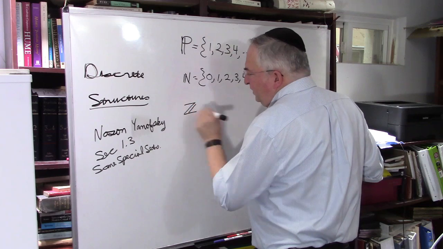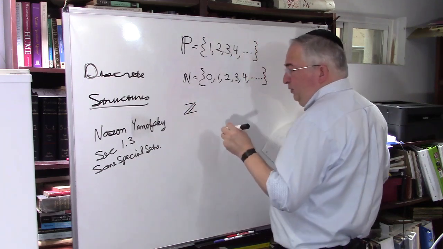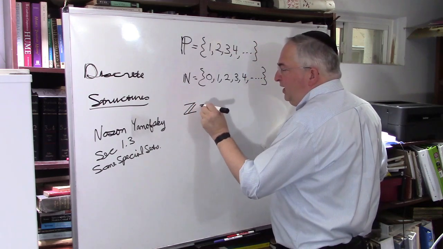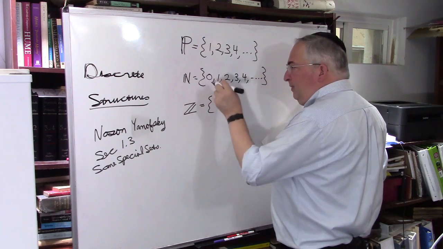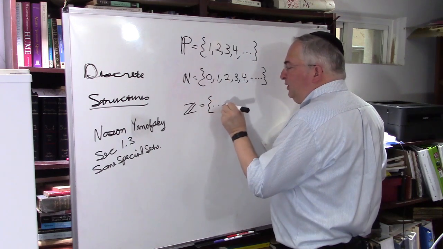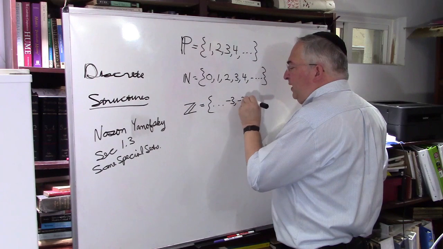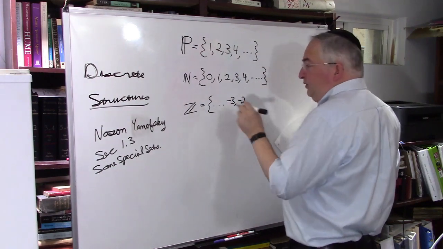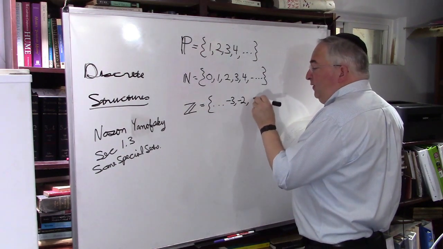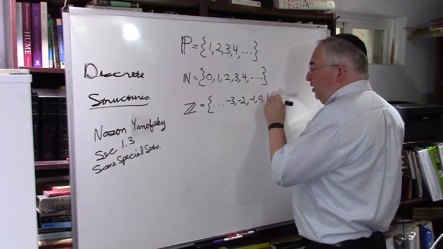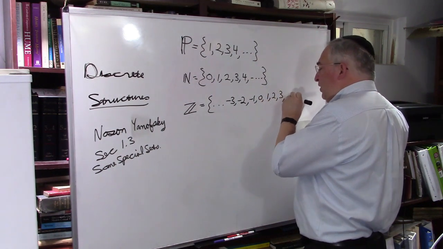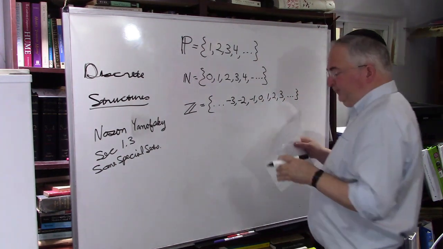So we have Z. Z stands for some German word, Zahlen or something like that, and this is not only the positive numbers but the negative numbers too. So -3, -2, whole numbers.